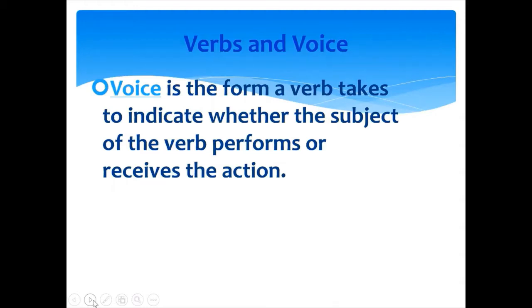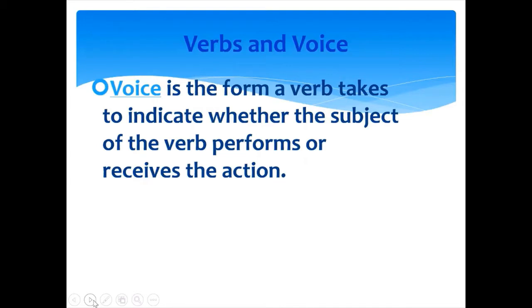Verbs and voice. Now this is also under active and passive. We are going into some more details of this. Voice in active and passive voice means the form of a verb that indicates whether the subject of the verb performs or receives the action.